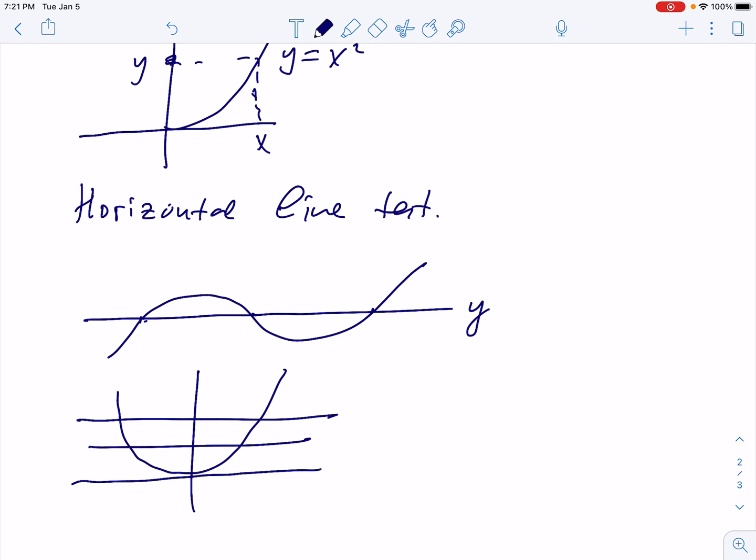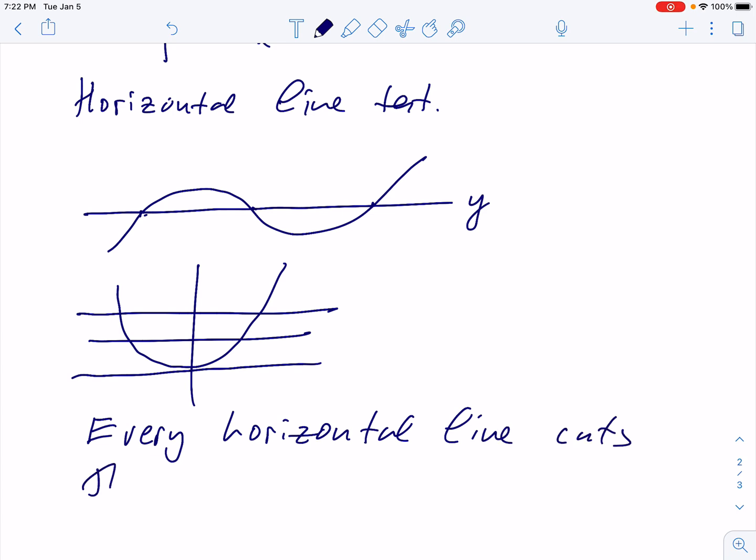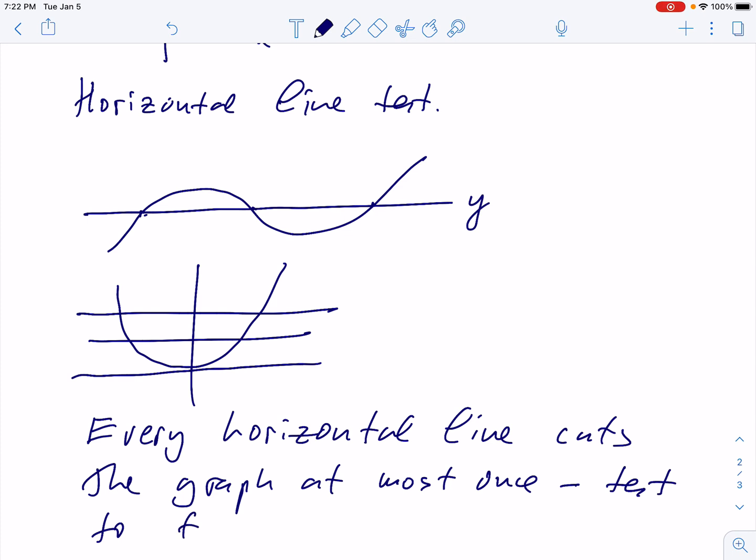So every horizontal line should cut the graph at most once. This is a test for f to be one-to-one.